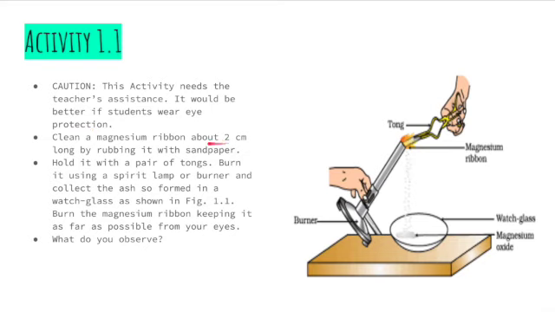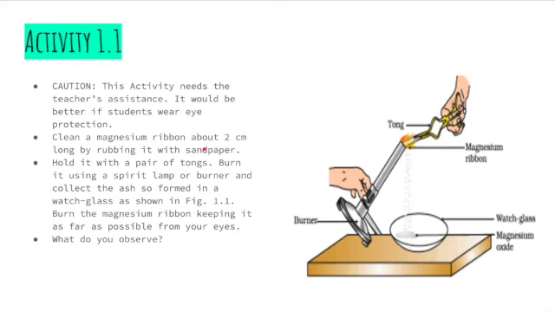Clean a magnesium ribbon about 2 cm. You need to clean it and rub it with sandpaper. Why they're talking about rubbing it with sandpaper is that it's there in the NCERT questions: why do they rub it with sandpaper? Why can't we take it like that?